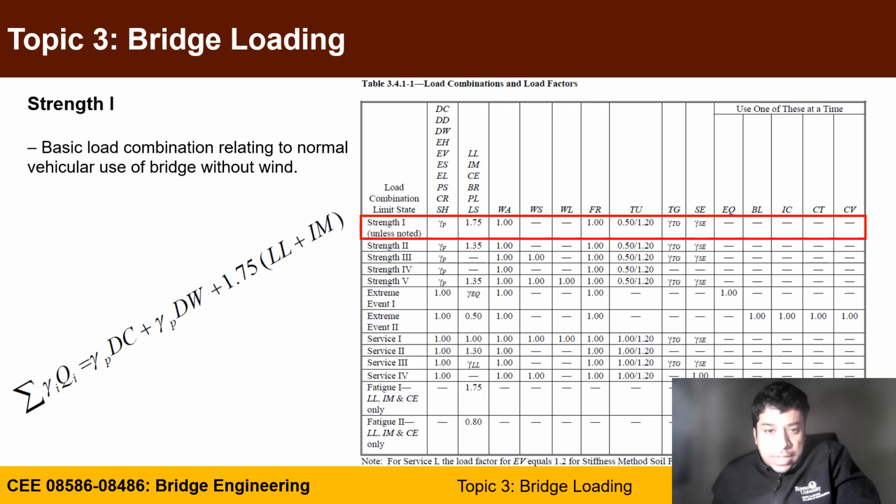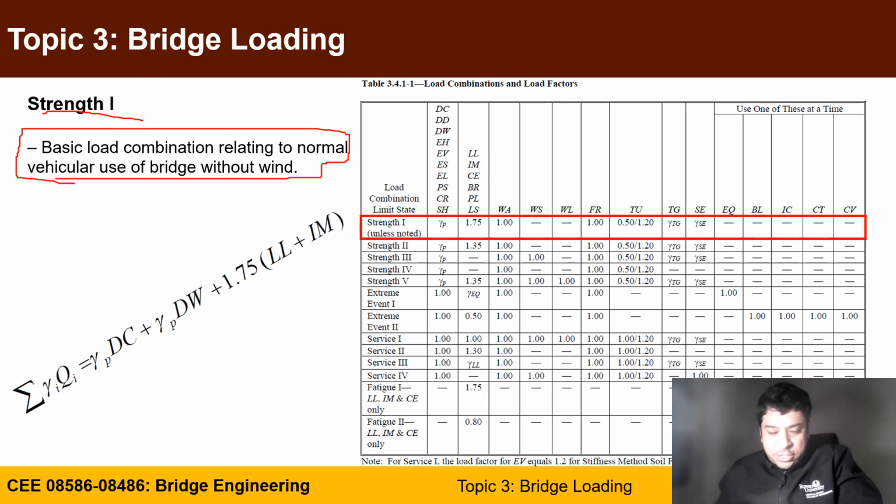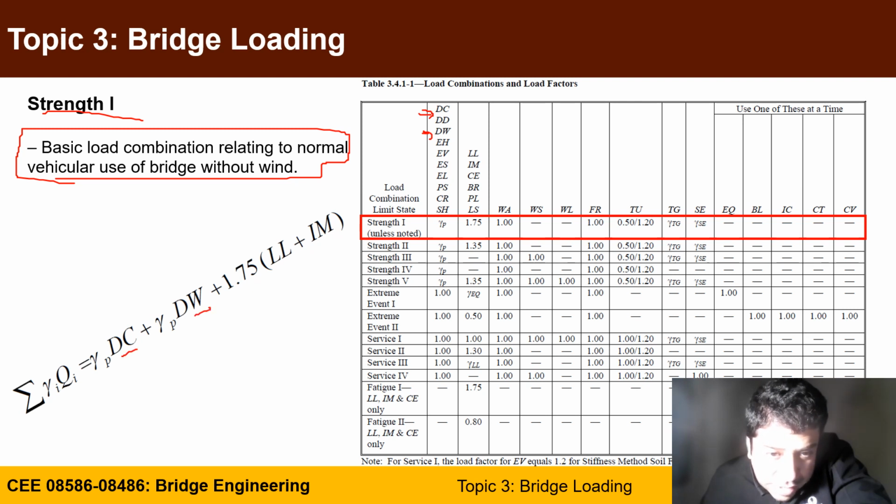First case is called Strength 1. Strength 1 is the basic load combination related to normal vehicular use of the bridge without wind. So it's very clear. It says usual operation. You have the dead load, you have the live load, but you don't have wind because it's called without wind. In this case, you have dead load, DC and DW, and you get gamma P for DC and DW from the table that I just showed on the previous slide, and your live load factor is 1.75.